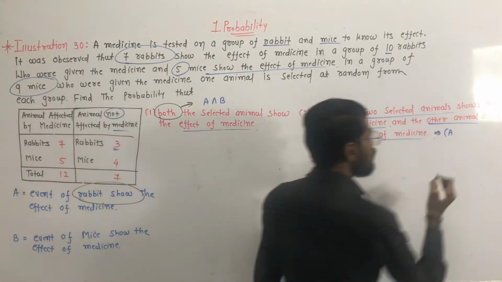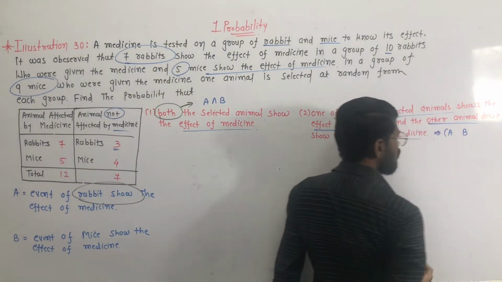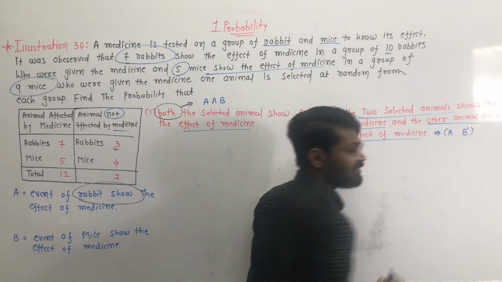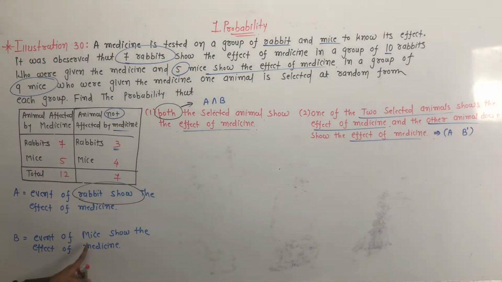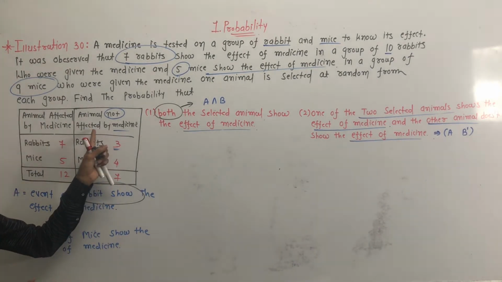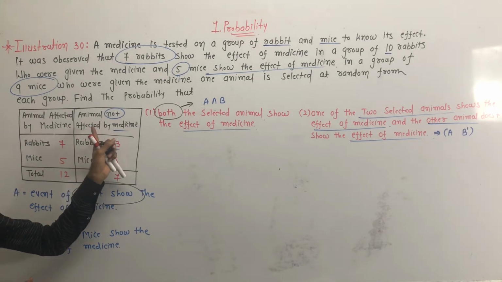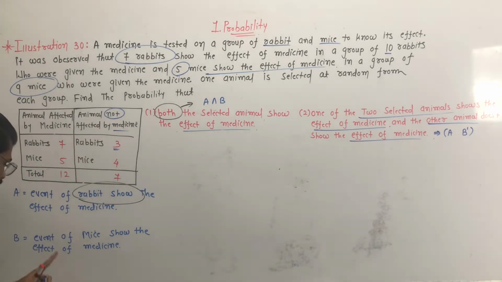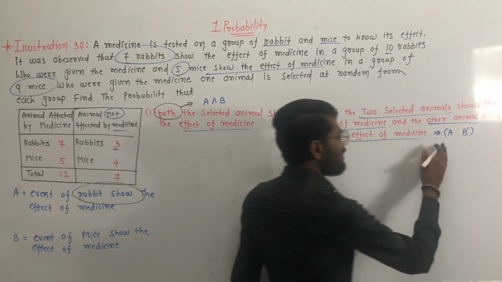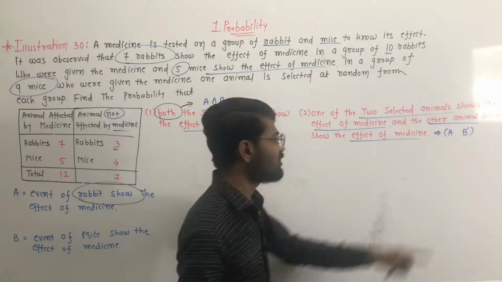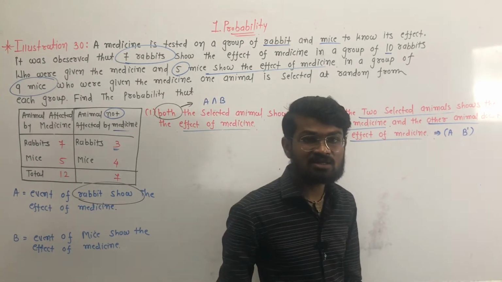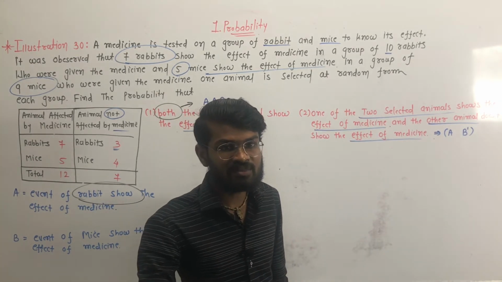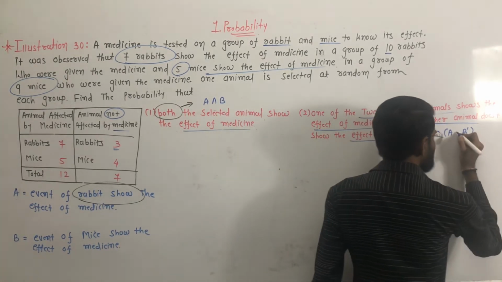So we have to take the complement of event B. Because event B is the medicine showing effect on a mouse, but we have to select a mouse from those not affected by the medicine. So this is A and B dash. Event A is that the rabbit is affected by the medicine, and event B dash is that the mouse is not affected by the medicine. So there is an intersection.